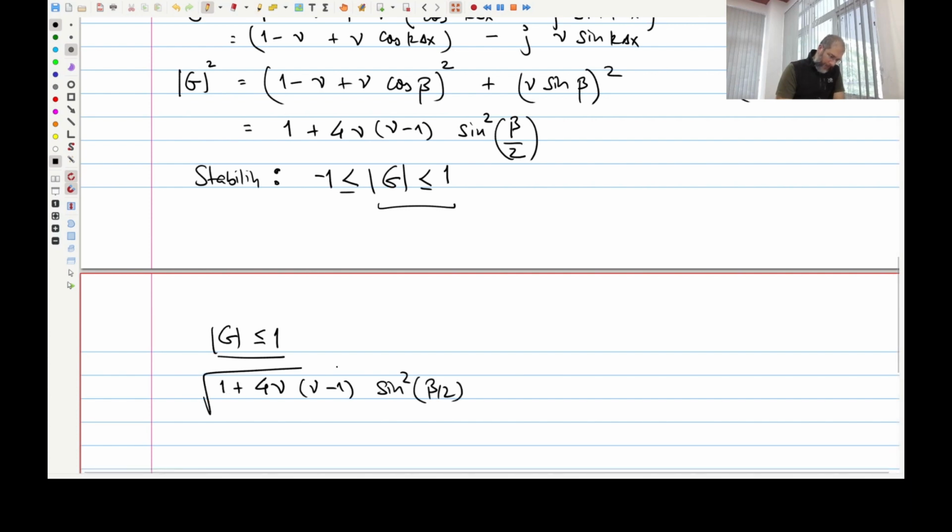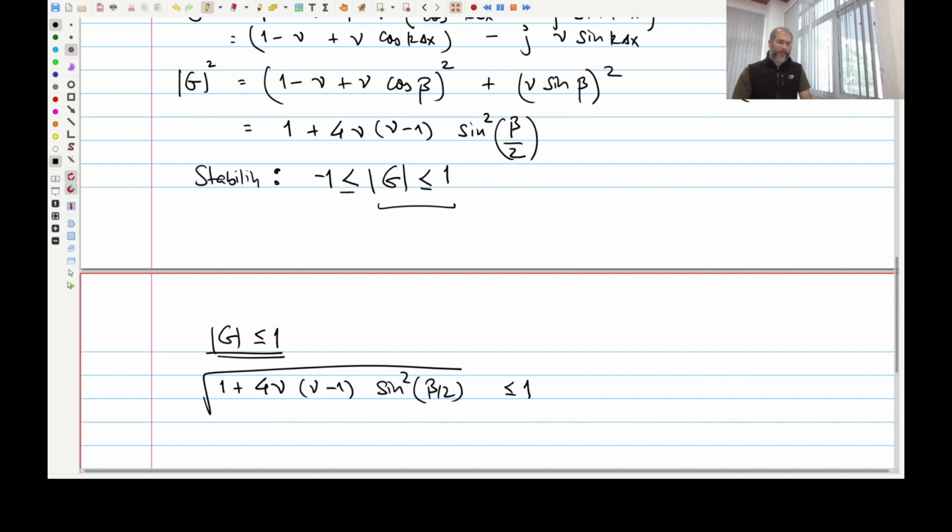Remember this mod g is the square root of this, and this has to be less than or equal to 1. If something has to be less than or equal to 1, then its square also has to be less than or equal to 1. That's the reason we just wrote this term, because if this quantity is less than or equal to 1, then the square root of this will also be less than or equal to 1.